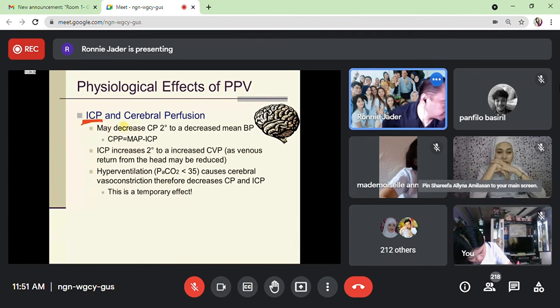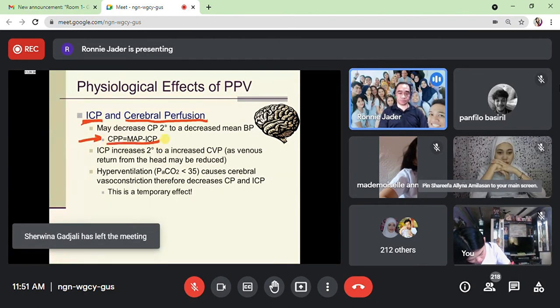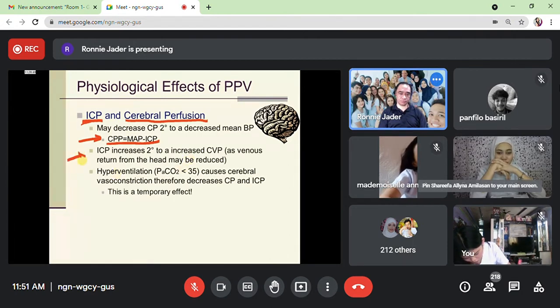Okay. One of the other things that can happen is that we can cause a change in intracranial cerebral perfusion. Well, that seems like a hard thing to get your head around, all right? That changes in cerebral perfusion pressure. But we know there's two mechanisms at play here. One is that if we hyperventilate a patient and lower their CO2, that decreases blood flow to the brain because this causes vasoconstriction.